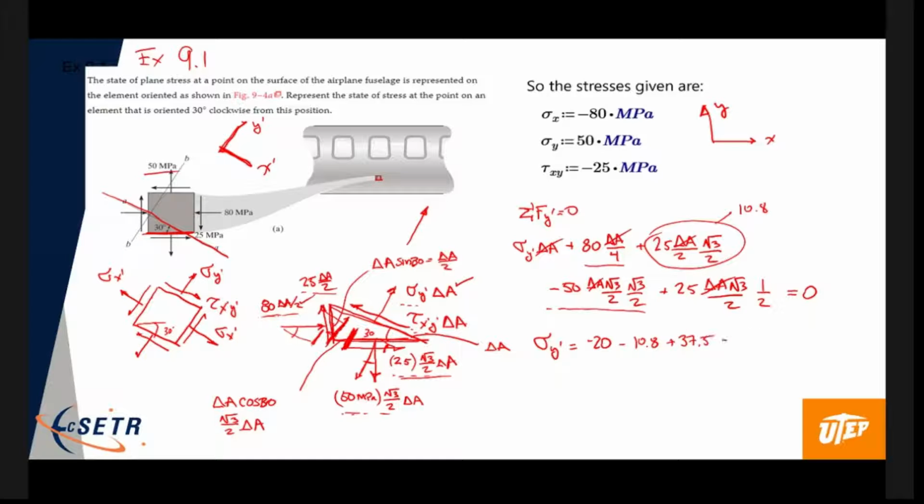And then finally, this one's going to give me another negative 10.8. And so that gives me that sigma y prime, and I hope I did this correctly. There it is.